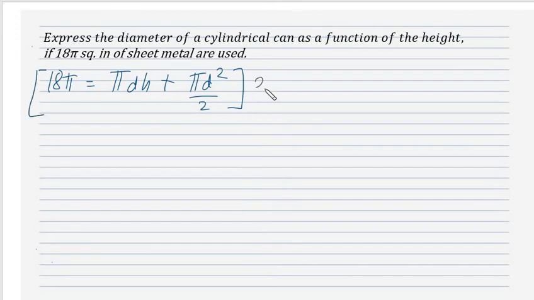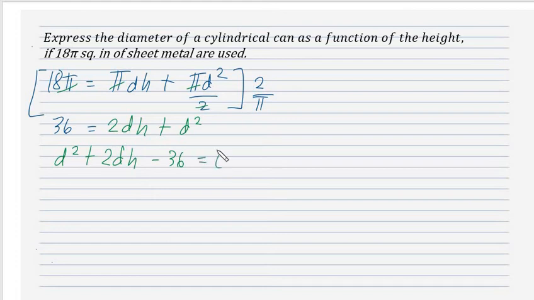We can multiply by 2 over pi, and it will yield 36 is equal to, now pi cancels out from all the terms. So 18 times 2 is 36, and then you have 2dh, and also d squared. So we have d squared plus 2dh minus 36 is equal to 0.